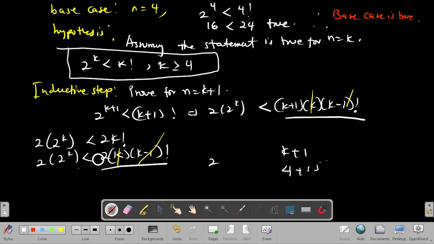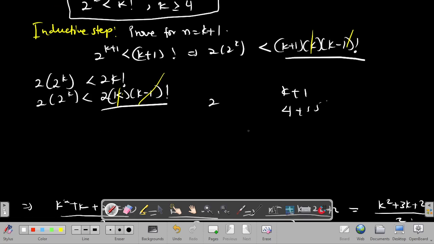But from our inductive hypothesis, we realize that 2 multiplying 2 to the power k is always less than this, right? Meaning this one is bigger than this. If this small number here is bigger than this, it's even bigger than 2 times 2 to the power k. It means that this expression here too will be bigger than this. And that is how we prove our mathematical induction, as simple as that.